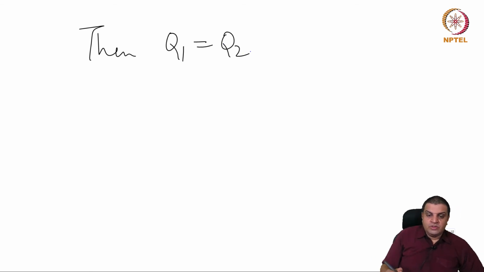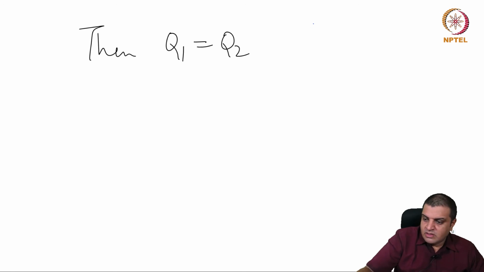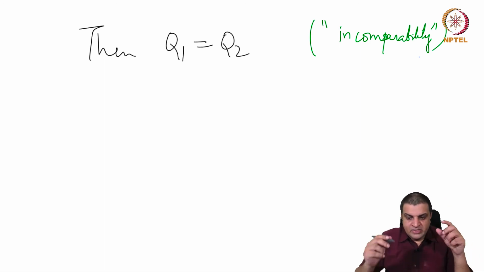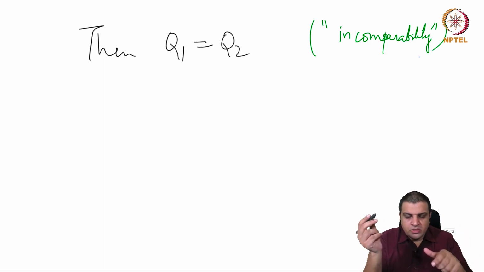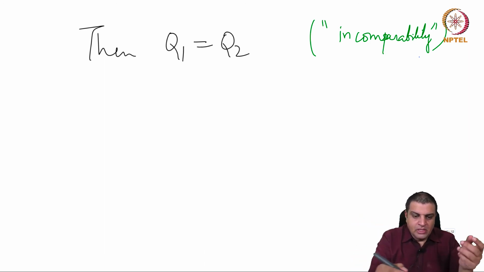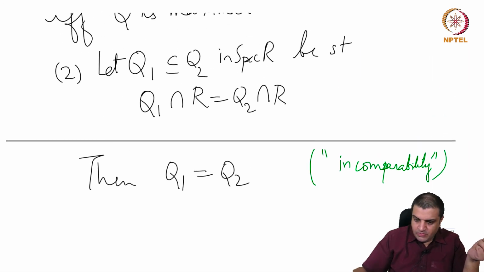Some textbooks refer to this, at least informally, as incomparability. Two distinct Q's that contract to the same P below must be incomparable. If one is contained in the other, they must be equal. So that's what it's saying.